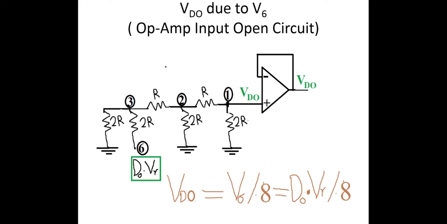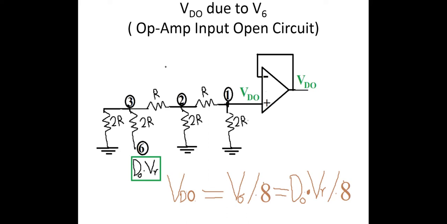So in case of VD0 we just have one resistance to the left of node 3, so we cannot simplify it any further using the property that all the resistances to the left of node 1, 2 or 3 can be combined into an equivalent resistance equal to 2R.